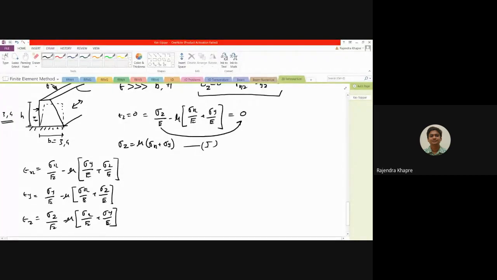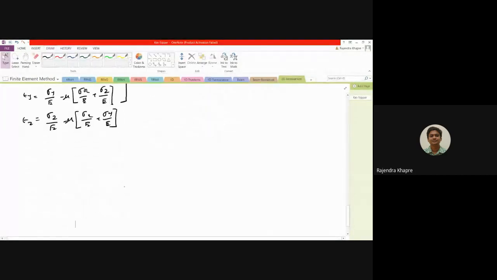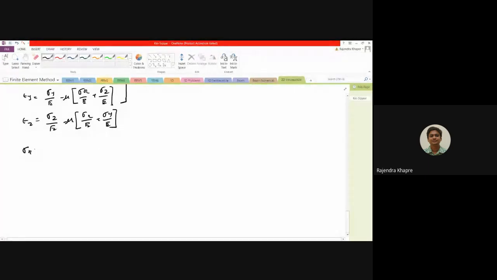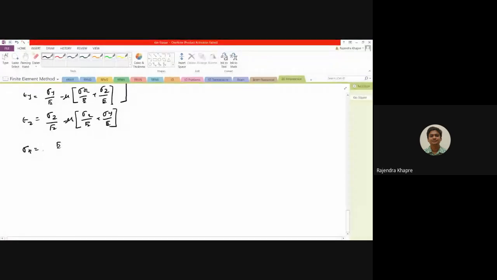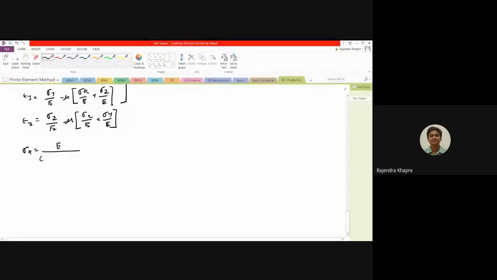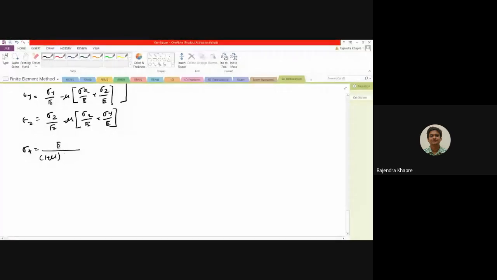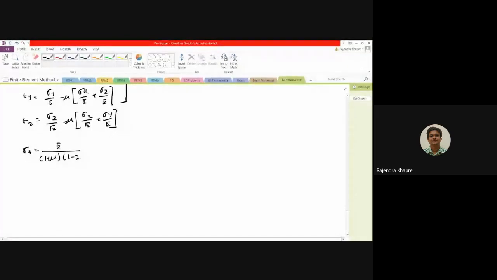Now we can solve these expressions for sigma x and sigma y the way we have solved the earlier case. If you solve these expressions, what you are going to get is something like this. Your sigma x can be written as E divided by 1 plus mu into 1 minus 2 times mu, into epsilon x plus mu times epsilon y.